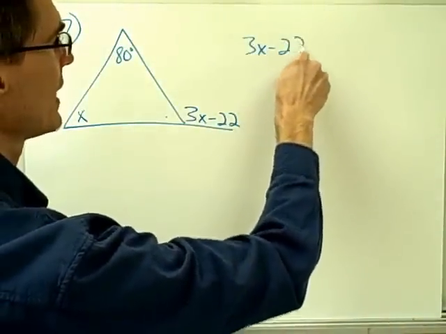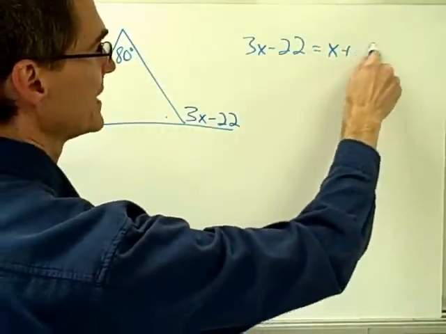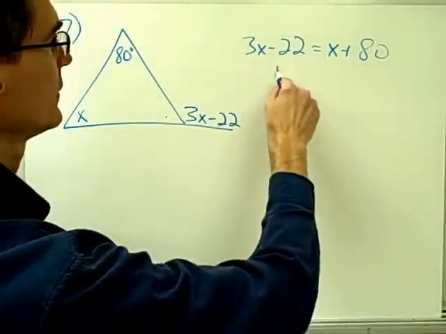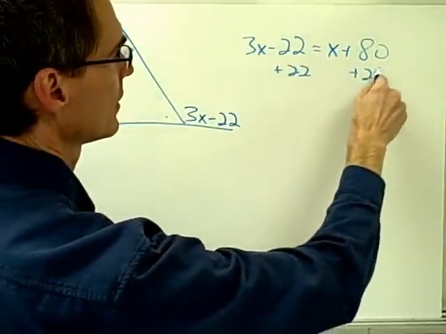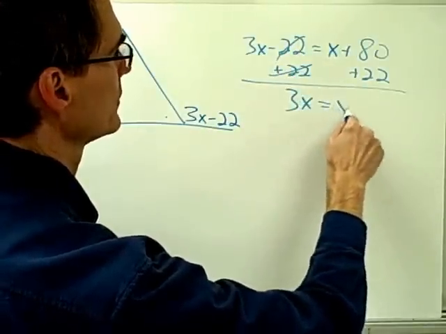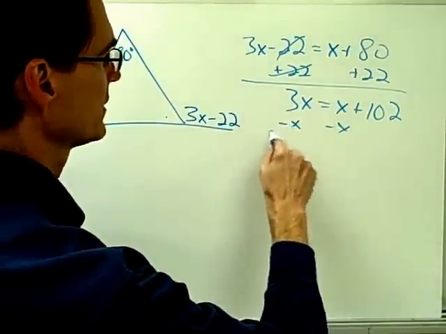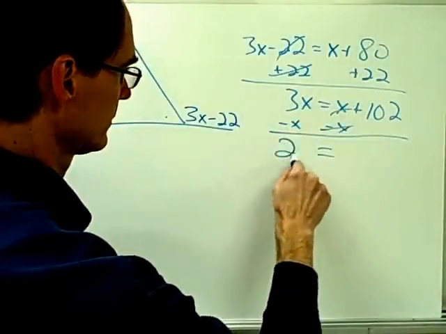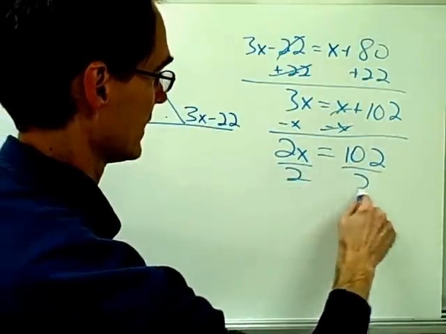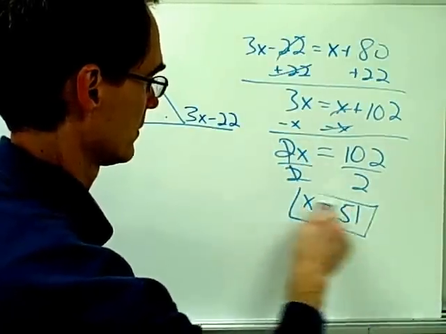The value of the exterior angle equals the sum of the two remote interior angles. Now I have an equation and I can solve for x. Let me add 22 to both sides. That gives me 3x equals x plus 102. Subtract x from both sides. 2x equals 102. And I divide each side by 2, and I get x equals 51.